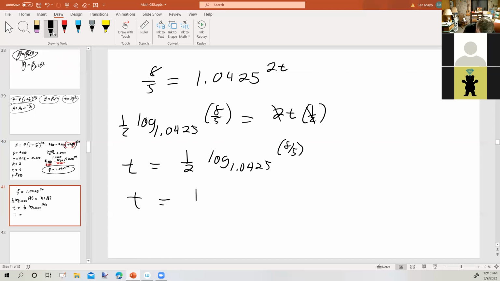So now t equals 1/2 times, we'll use natural log again, natural log of 8/5 over natural log of 1.0425.